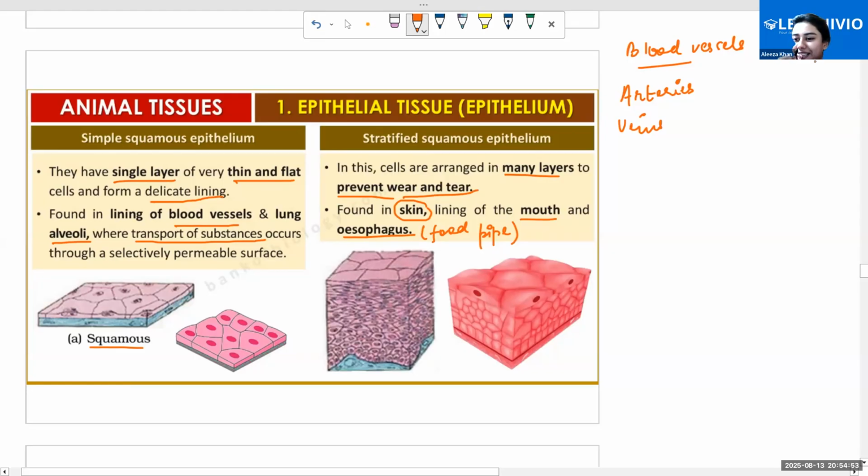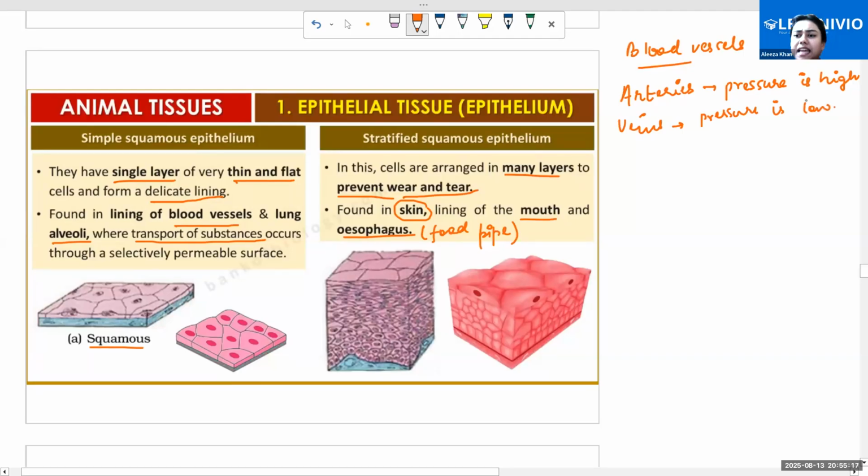Now the blood flows with more pressure in arteries. Excellent. Within your arteries, the pressure is high. That's why they are thick walled. And within your veins, pressure is low.